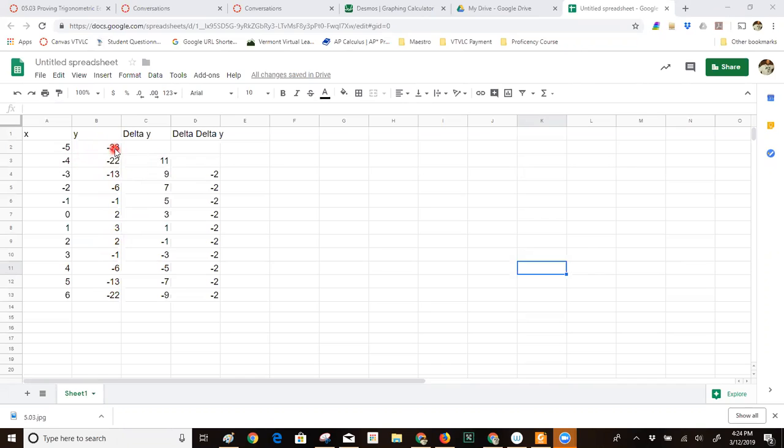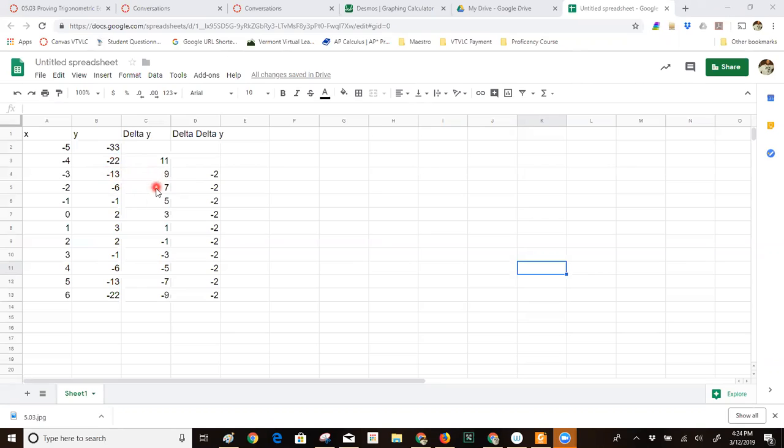So that rate of change, delta y, is increasing by 11. Then when you go from negative 22 to negative 13, that's still increasing, but not by as much. So yes, this is an increasing function, but how much it changes each time is decreasing.